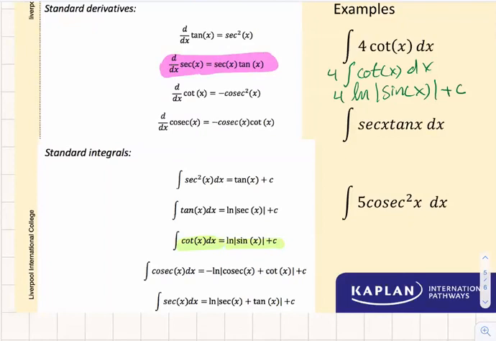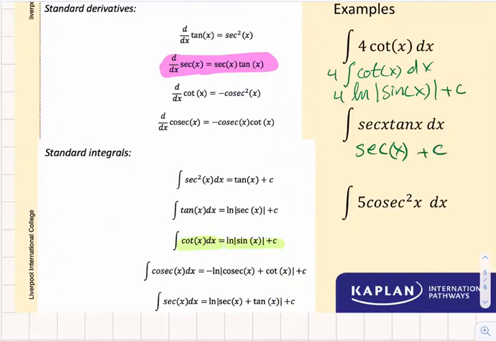And as you know, the integration is opposite to the differentiation. So therefore, if the derivative of secant x is secant tan, that means the integration for secant tan is secant x. So we can write this down as secant x plus c.